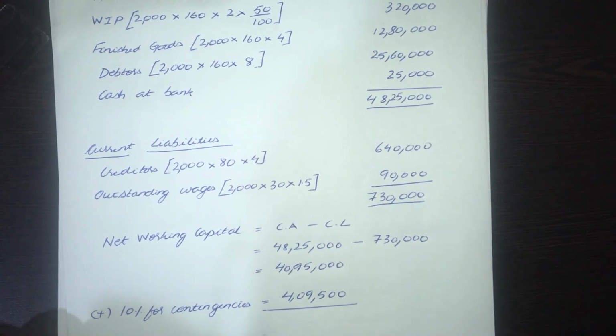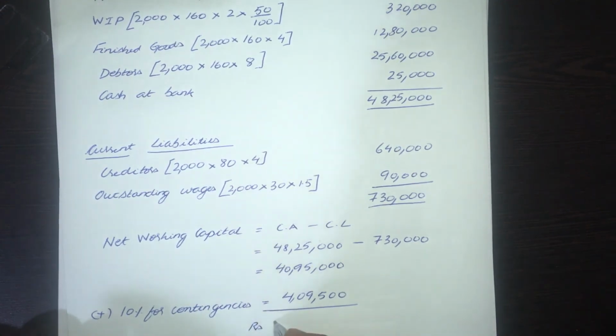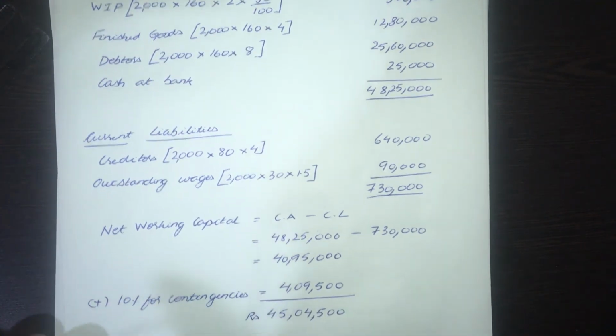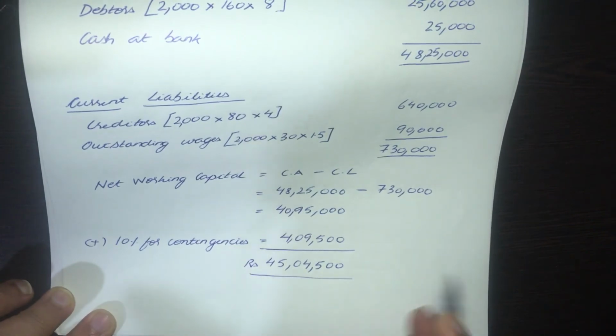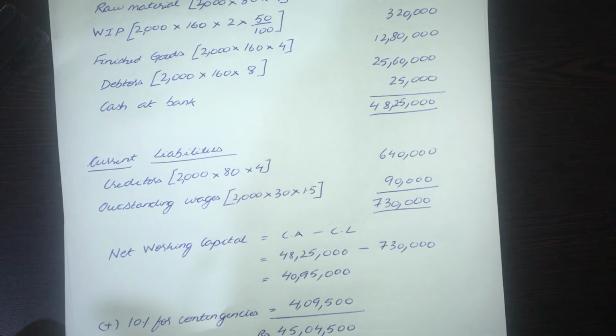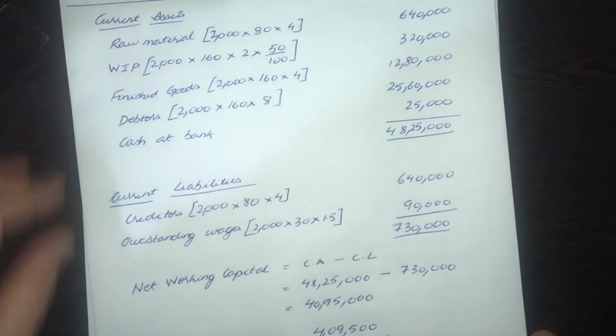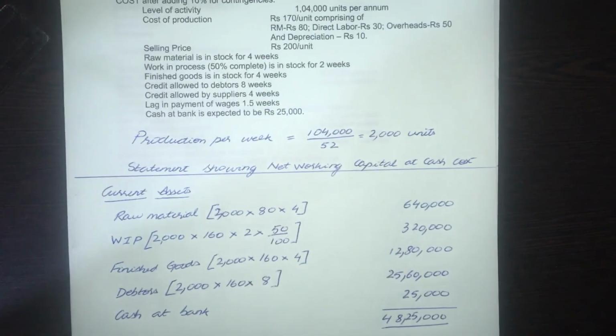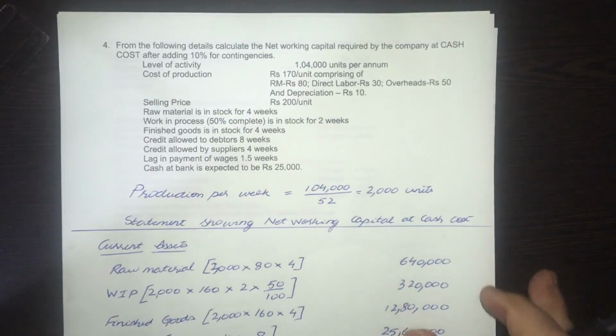So the total will be rupees 45 lakhs 4,500. All right, so that is your net working capital at cash cost. So there we have it.